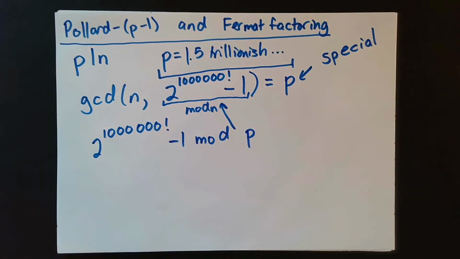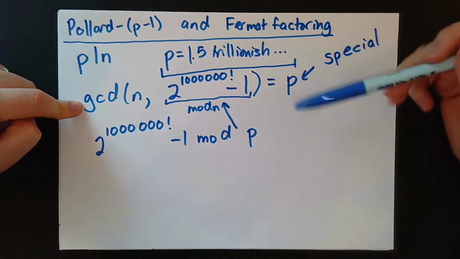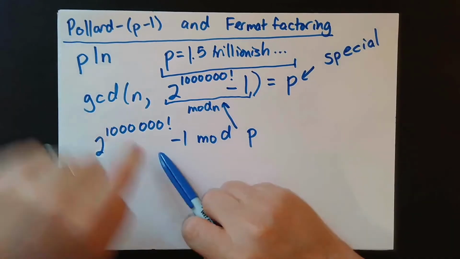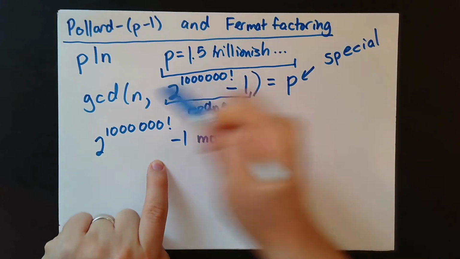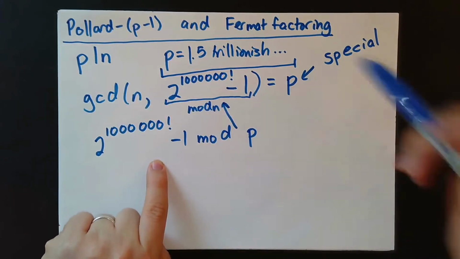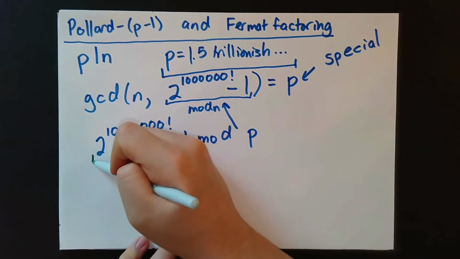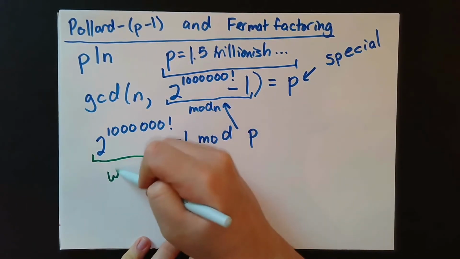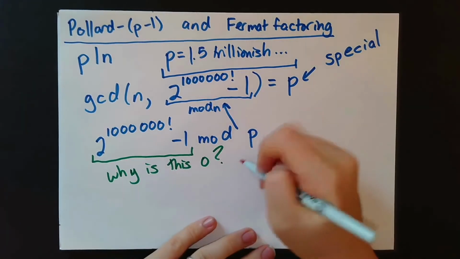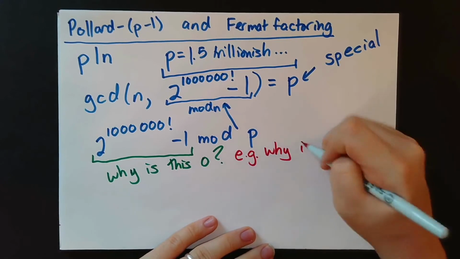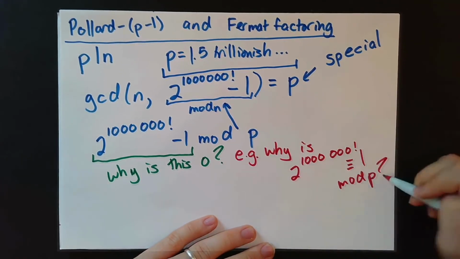Well, if you think what actually happened here, you actually know what it has to be. It has to be 0 mod p. Because otherwise, this number wouldn't be divisible by p, and the GCD wouldn't work out to be p. So somehow this ends up being 0. And so the question we really have to answer is, why is this 0? And that's the same question as just asking, why did it happen that 2 to the 1 million factorial happened to be 1 mod p?